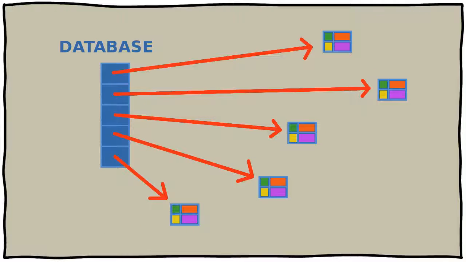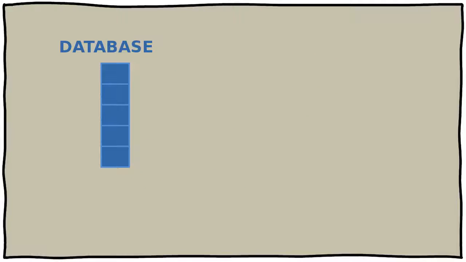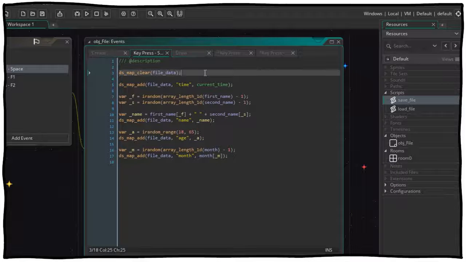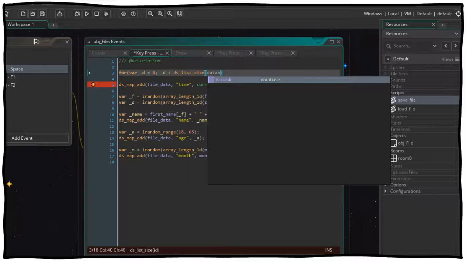This means we have to loop through our list and destroy all the old data maps before we can then add some new ones to replace them. So we're going to move this ds_map_clear, which is where we cleared the map when we were just using a map. Now we're using a list, we need to loop through that list. So we need to say for var d equals 0, d is less than ds_list_size(database).